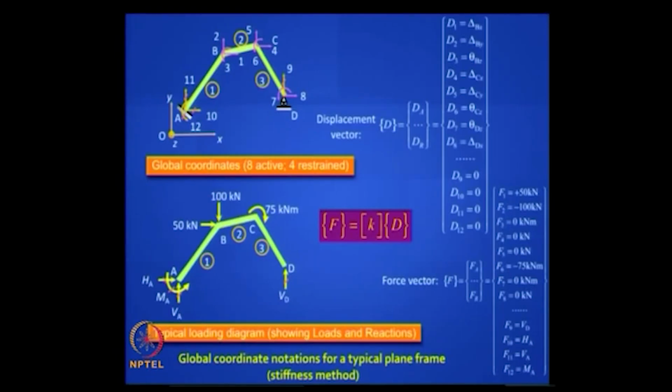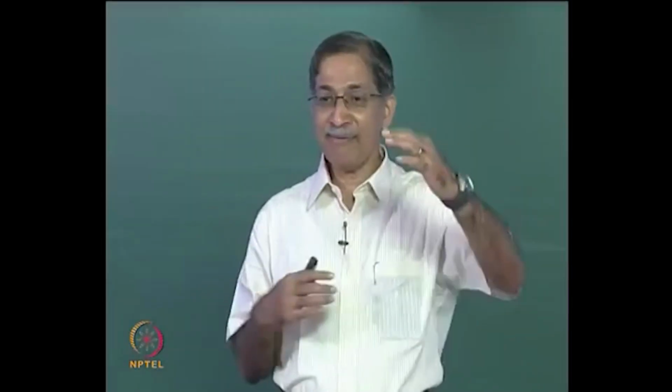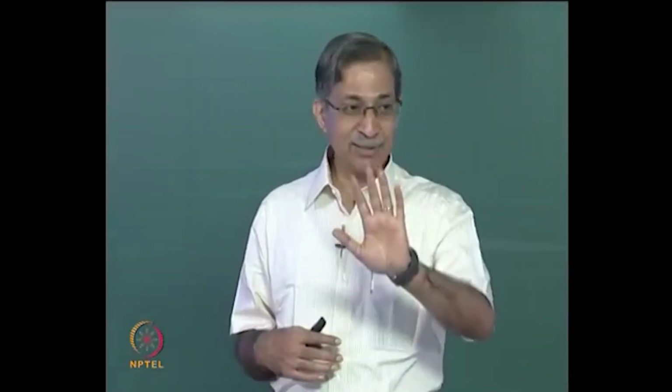If the displacements are unknown, I could get them by inverting, but it is not so simple, because in the vector F you have Fa and Fr. Fa is known usually and Fr is not known. Similarly in the displacement vector d you have dA and dr. dA is not known, dr is known. So you can't apply this directly, you have to play with it, and we will see how to play with it.